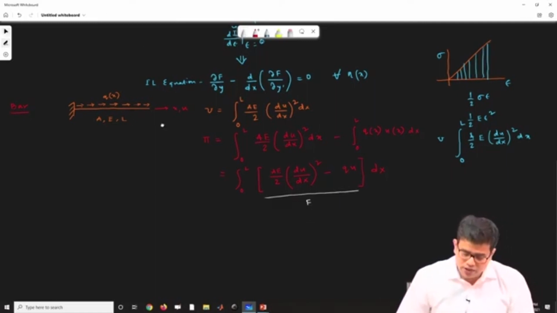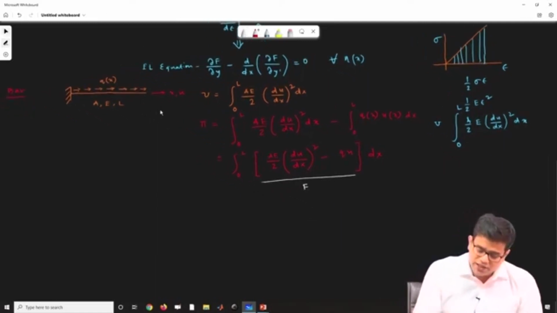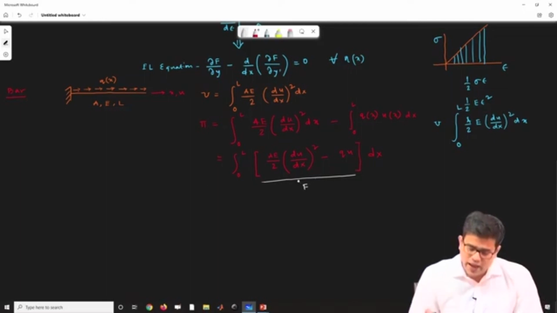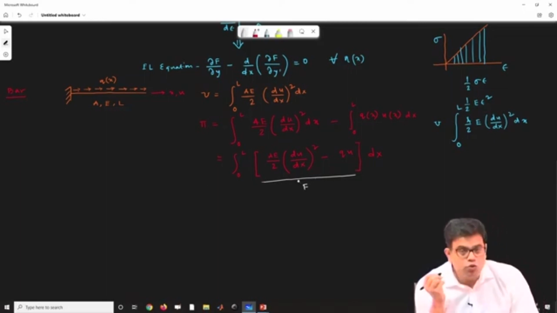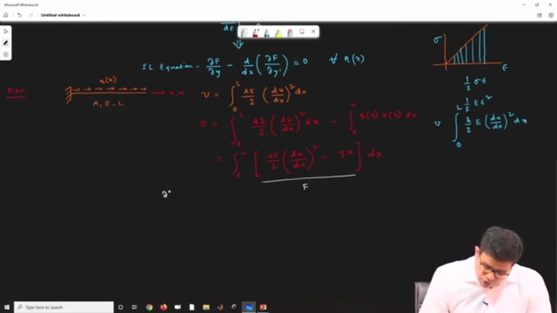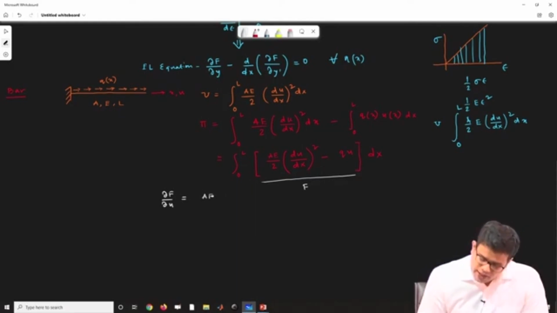How should I find out this Euler-Lagrange equation? So let me substitute. Here f is actually this and y is actually your u. So naturally, if I had to find the partial derivative del f by del u, then this will be this, so the half will go, so AE du/dx.